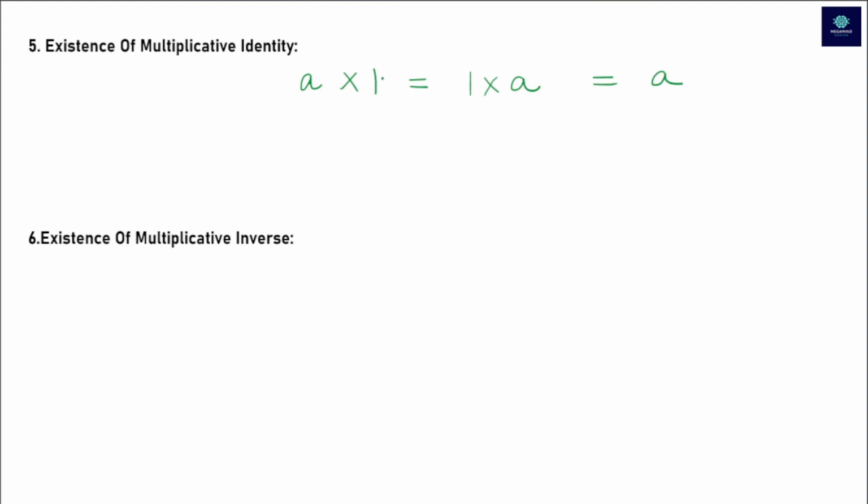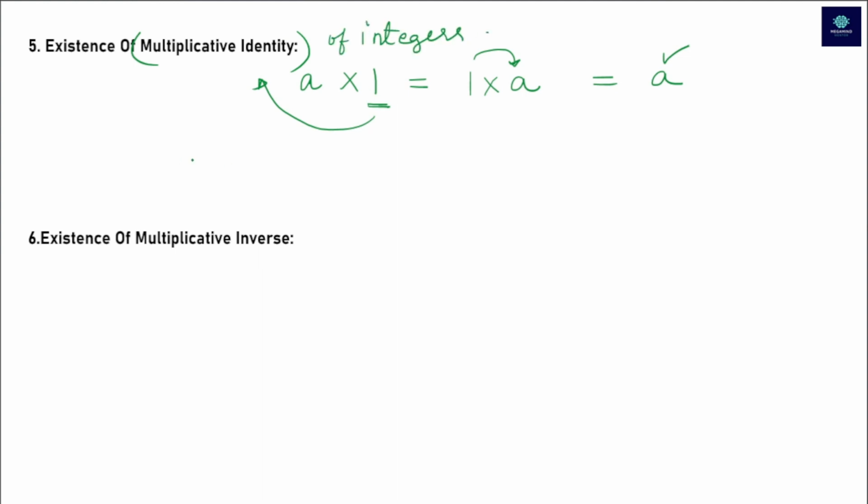So any number times 1 gives us the number itself, or 1 into any number will give us the number itself. So here 1 is called the multiplicative identity for integers.